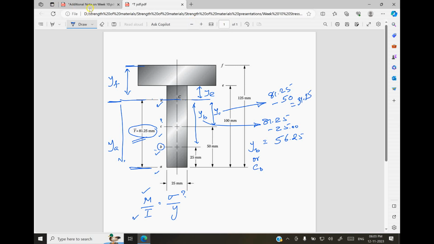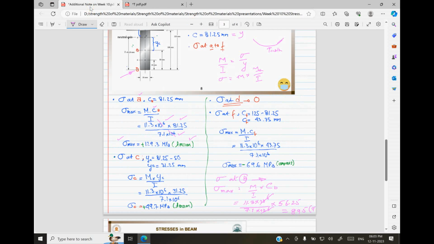Now what I need to do is go here and see sigma at C. 81.25 minus 15, that is 31.25, into YC by I. So I am getting 11.3 into 10 to the power of 6 into 31.25.